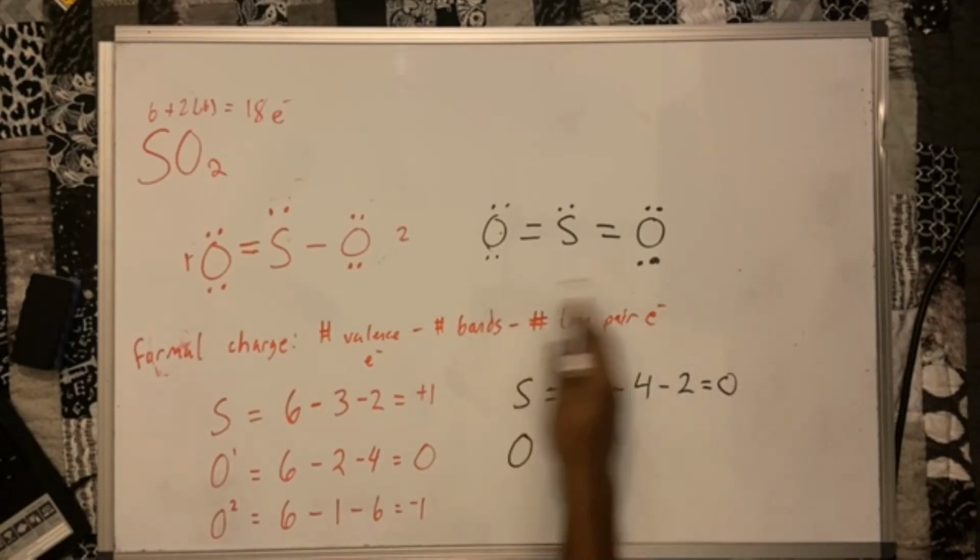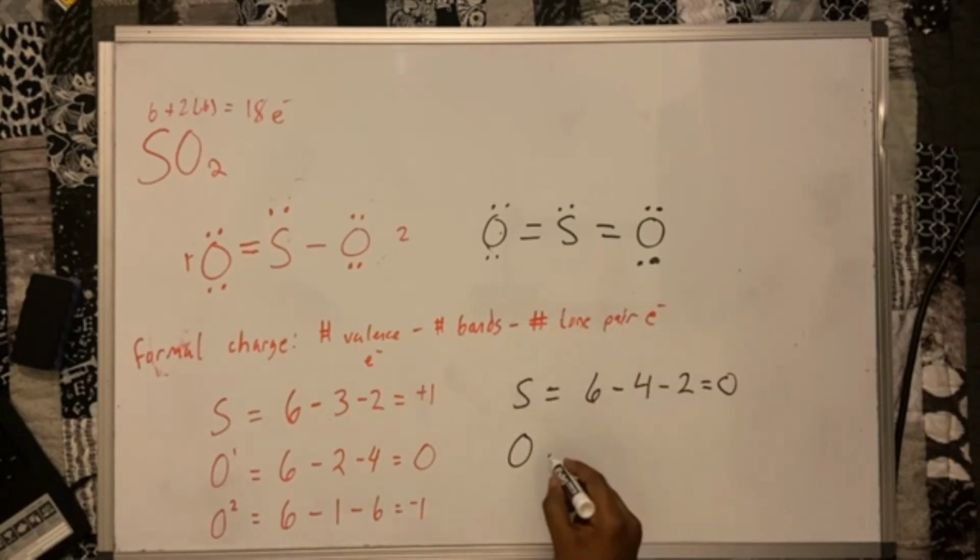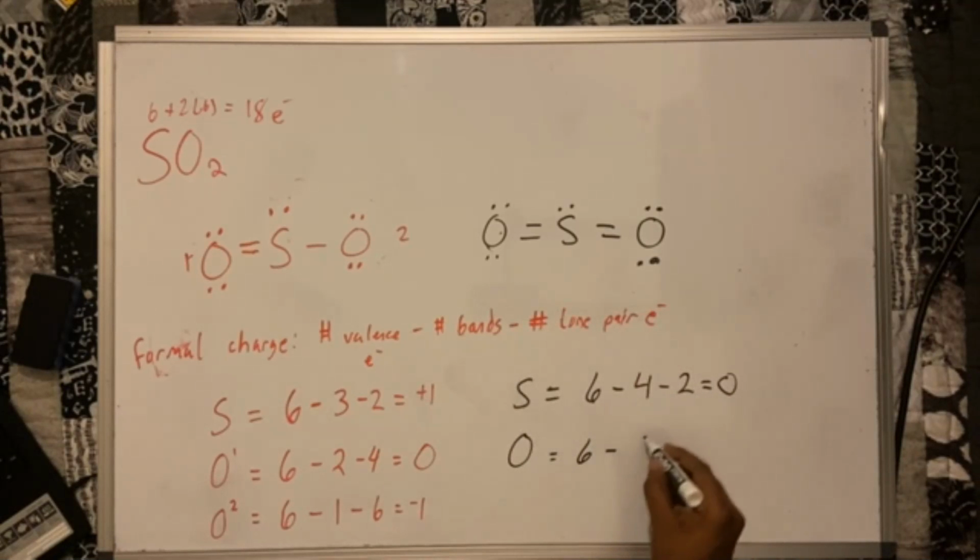And the oxygens look the same now. It's going to be 6 lone pair electrons minus 2 bonds minus 4. So 0 again. So that's the ideal.